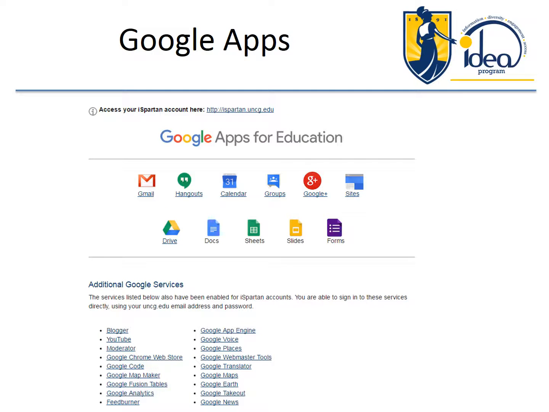These are all of the Google apps for education that you have access to. Your access to YouTube is a little bit limited, but the others are fully functional. Of course, your Gmail, Hangouts, your calendar, which you can share with anyone across UNCG. So you can look up my calendar, njbird at uncg.edu, to see when I might have time to meet with you.